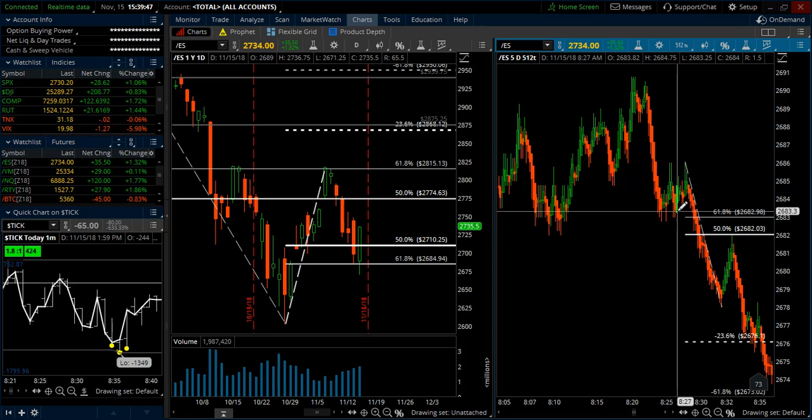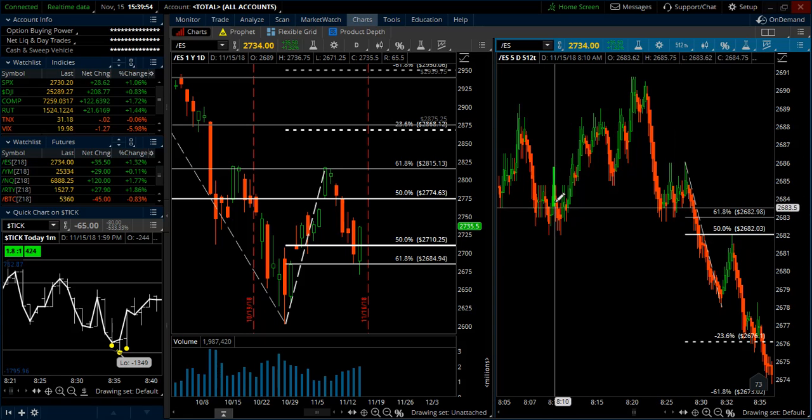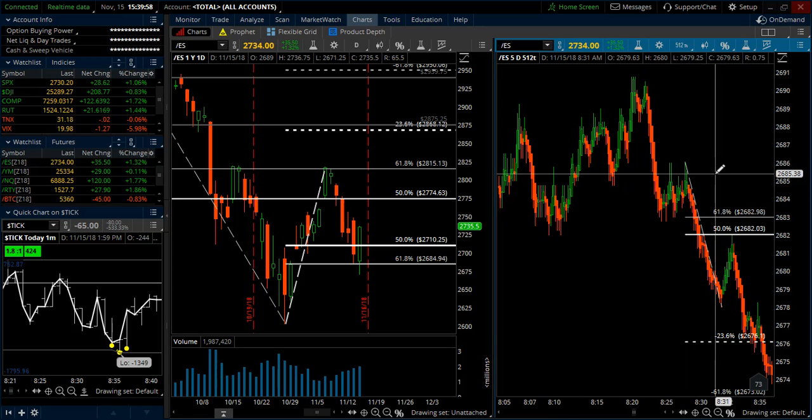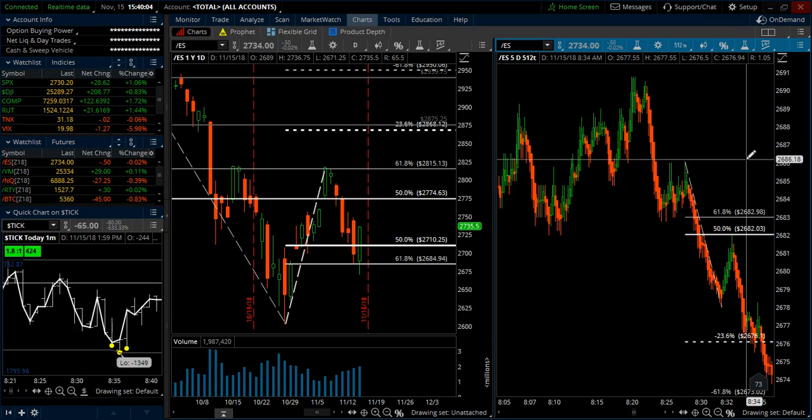If we had just ticked down one or two ticks and then bounced back up, like we did over here and back here, you don't have as much confidence when you see that buying happening, especially if we just break lows by a tick or two.